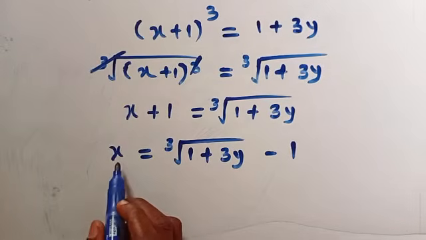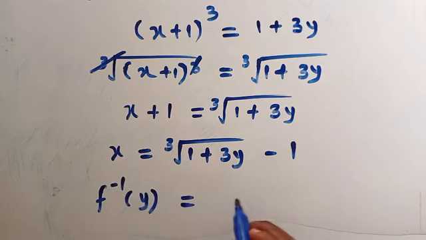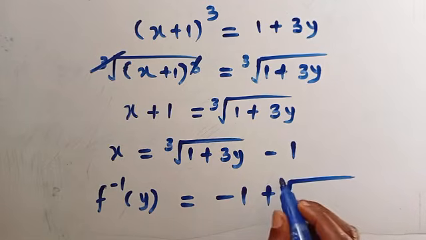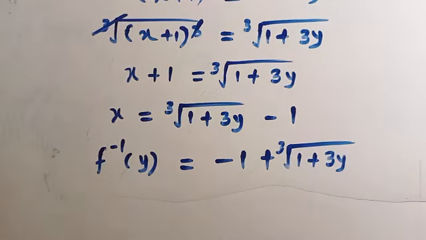Initially, I let x be equal to f inverse of y. By replacing this, we have f inverse of y equals, I want to write this as, minus 1 plus the cube root of 1 plus 3y. And since we are looking for f inverse of x, let's change this y to x.